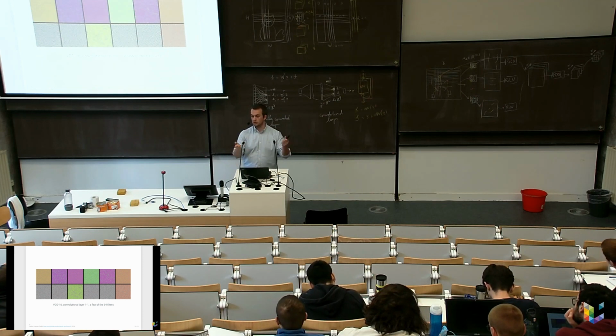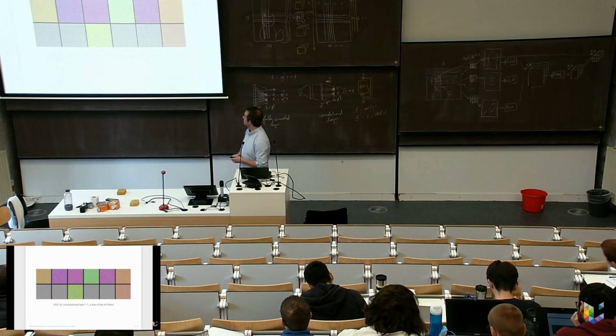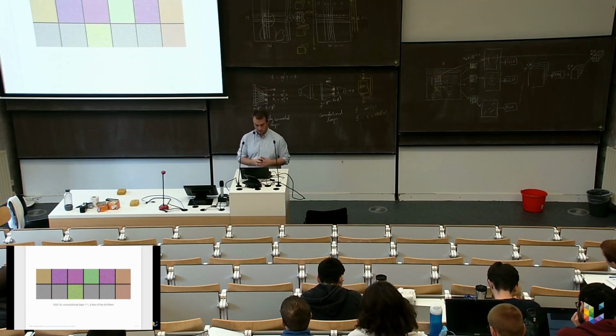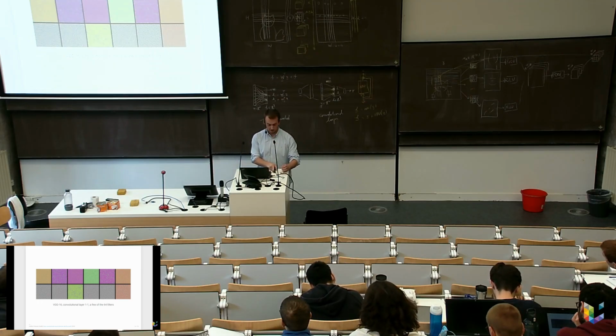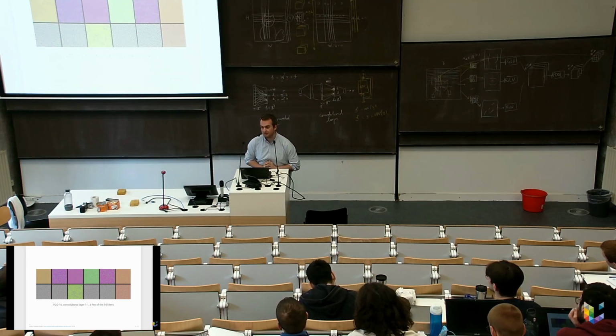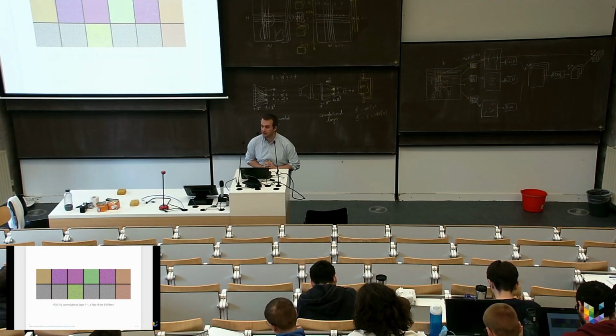You have boats, you have cats, you have dogs, you have buildings, many things. And I'm telling you, these are the first filters that are learned by the network. Do you see these boats, these dogs? What do you see?